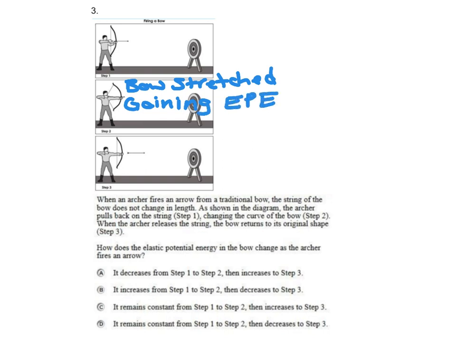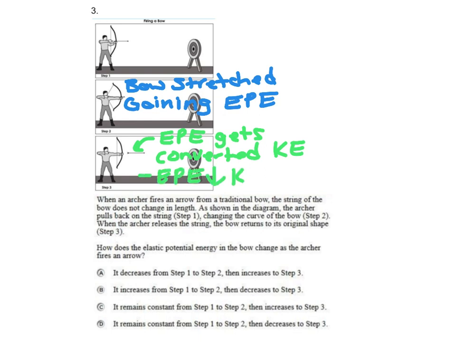As it shoots, that elastic potential energy gets converted to that energy in motion, which, Abby, what's that called? Yep, I hope that you just answered that. It gets converted to kinetic energy. So that's going to cause our amount of elastic potential energy to decrease because kinetic energy in turn is increasing.